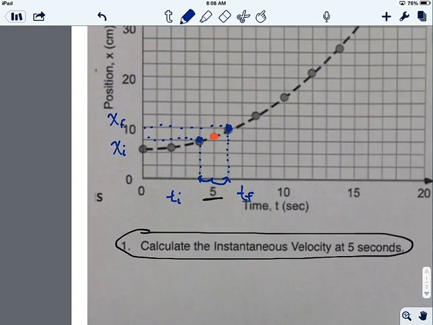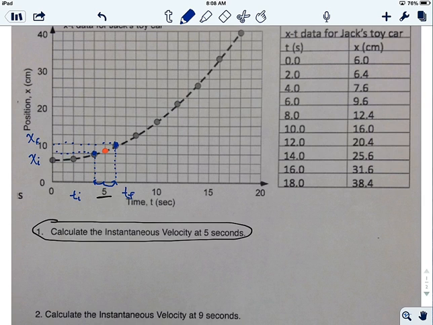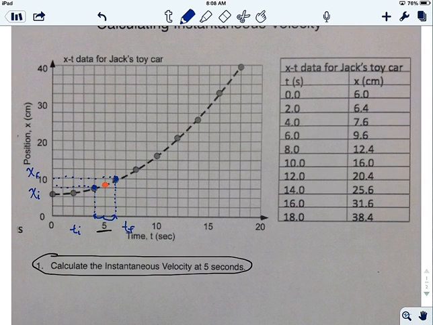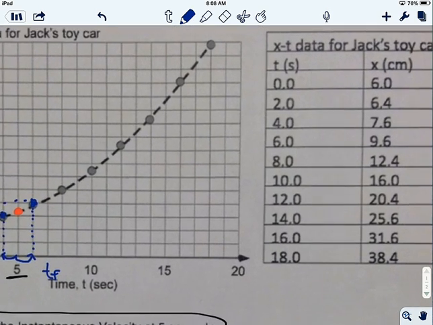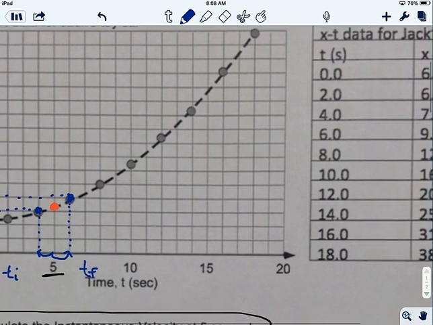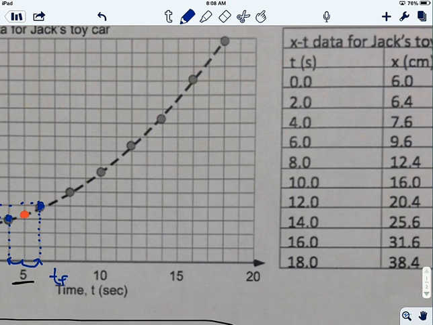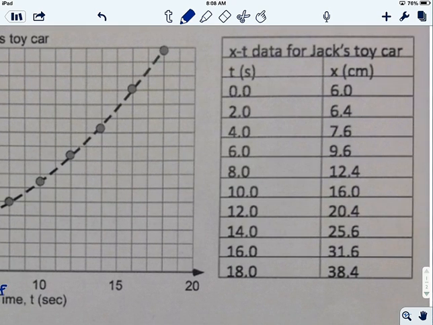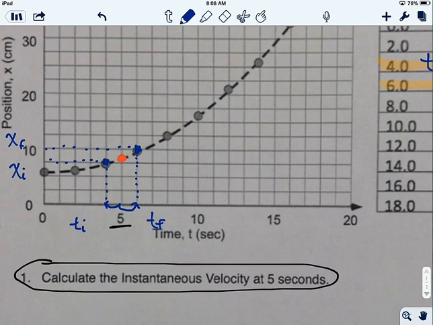So here's where it really helps that we also have a table over here. Let's take a look at this table. I can see that I've actually got these 2 points listed right here on my table. So my initial time, Ti, is going to be 4 seconds, and that makes sense, right?